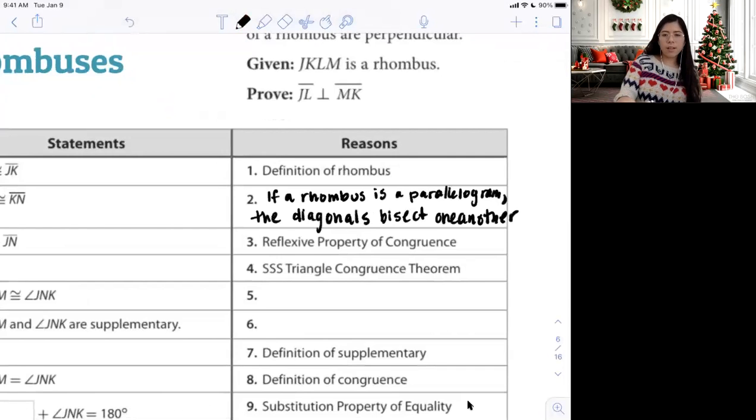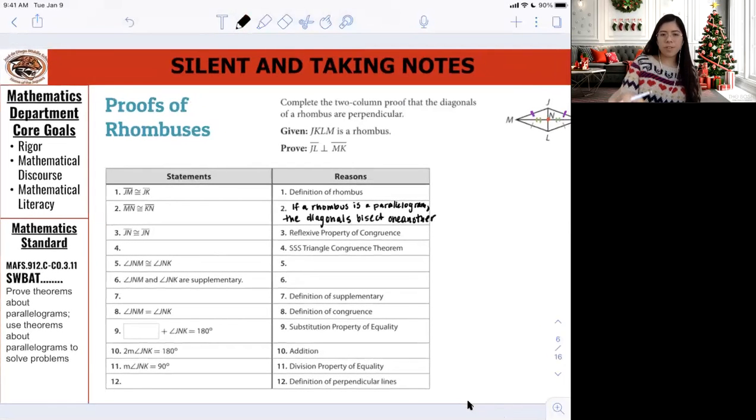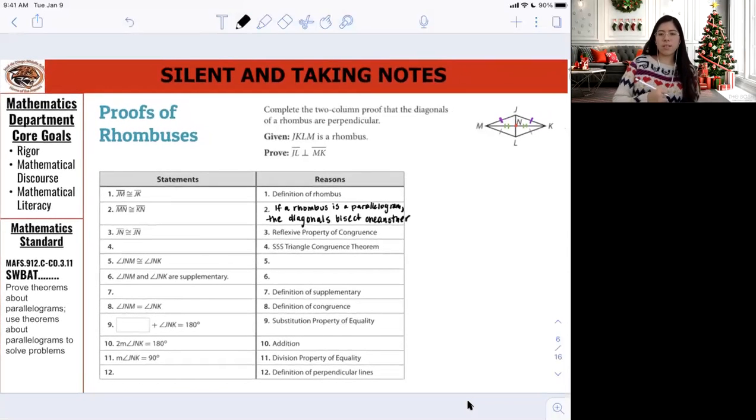And Jalen, it is the definition of a bisect. It's built into the definition of a parallelogram, but it's also a theorem too.